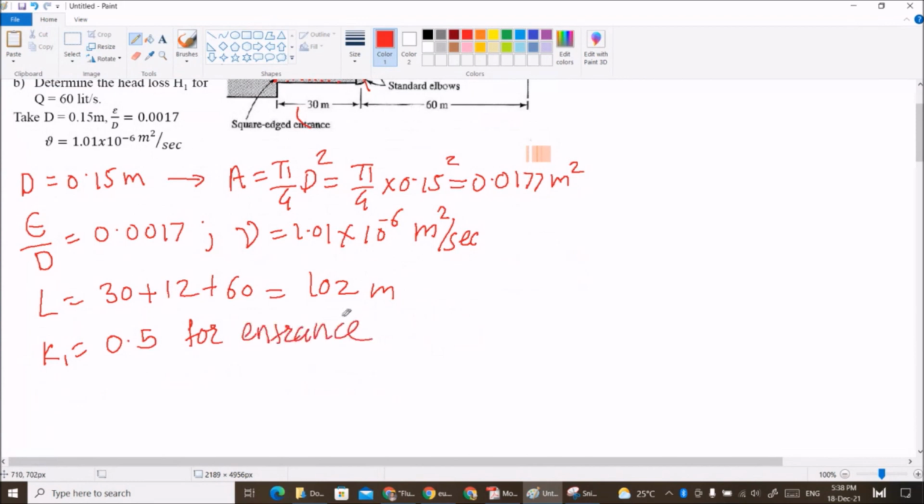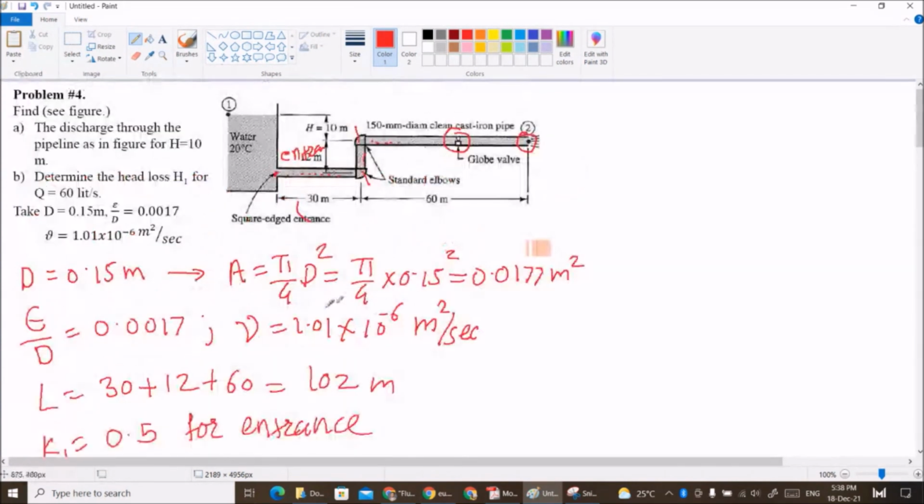Then there is a 90 elbow, so K2 is equal to K3 because both are the same elbow. So this is K1, this is K2, this is K3, and K globe valve.